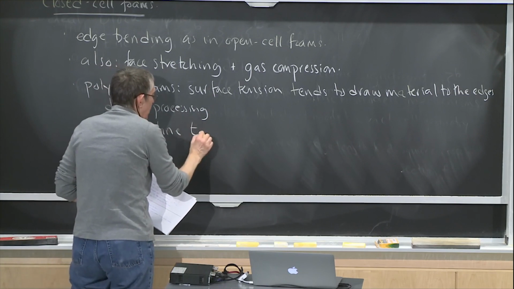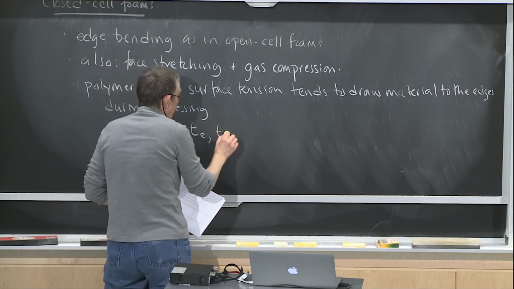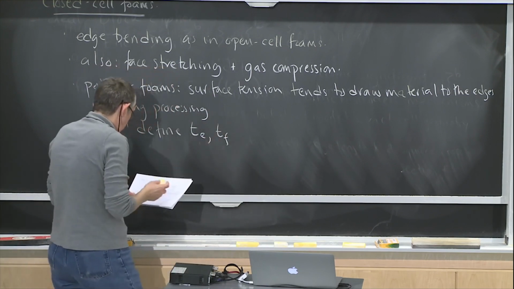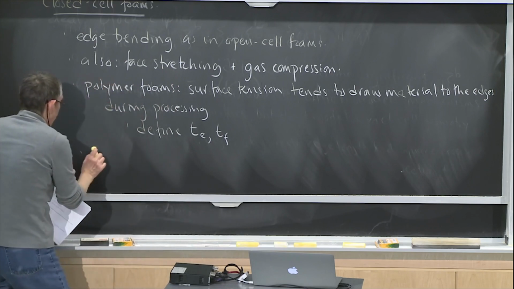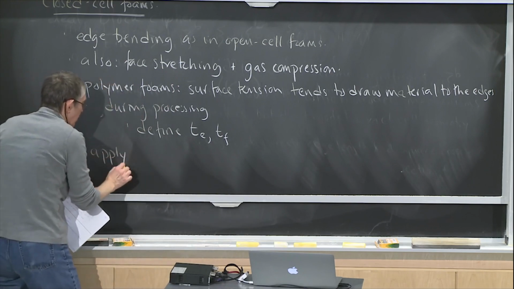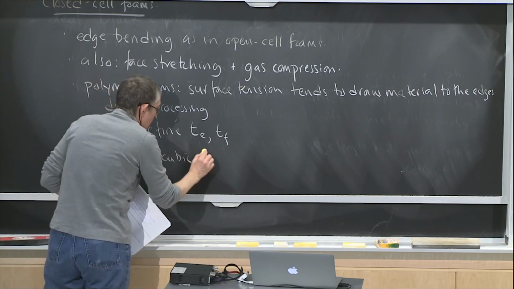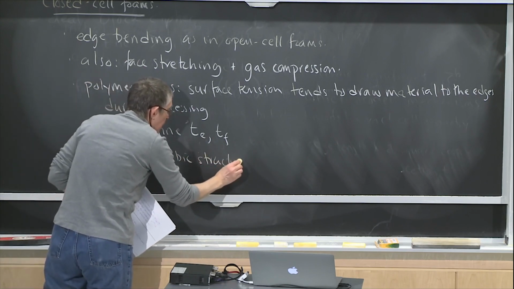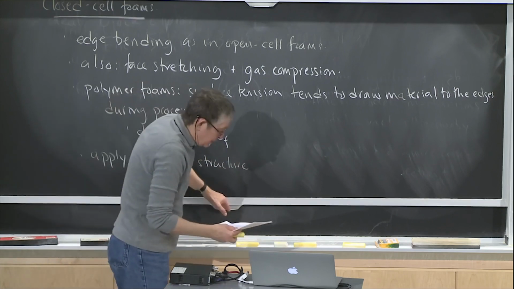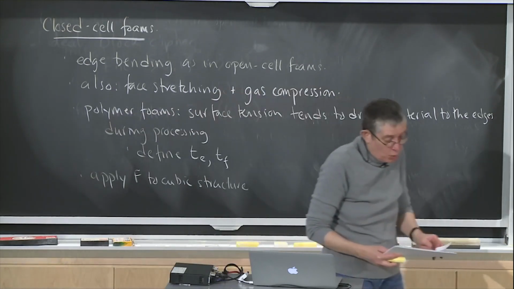So we define two thicknesses, one for the edge and one for the face. And then we apply a force to this cubic kind of structure. And we can do an analysis a little bit like what we did for the open cell foam.